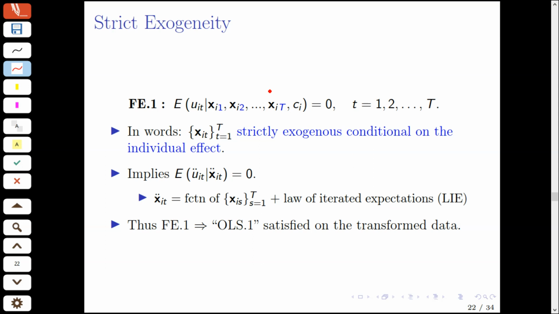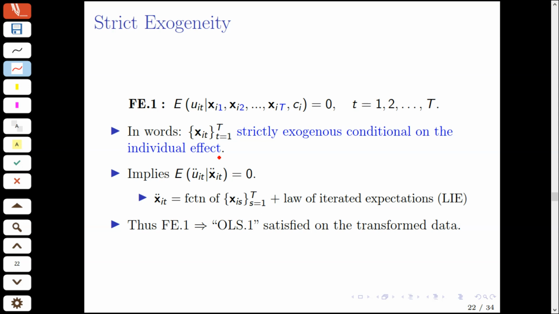Now, this assumption of strict exogeneity implies that the conditional mean of the within transformed uit conditioning on the within transformed xit is equal to 0.